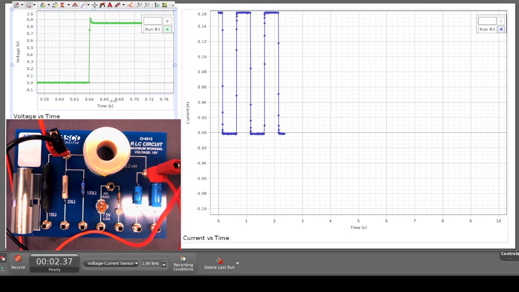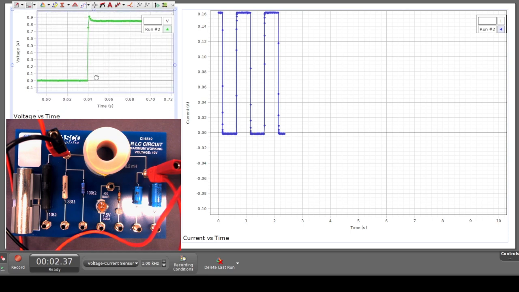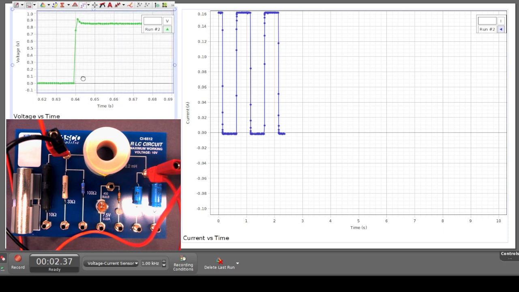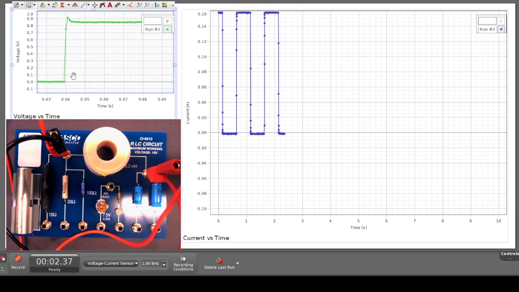So we've got some back EMF and all this stuff in here. But you'll notice that this time is incredibly small. I would like more than 1,000 samples per second, but this is what we got.